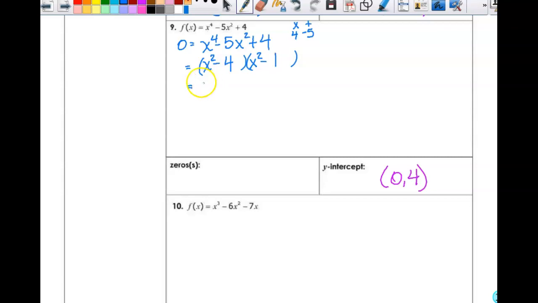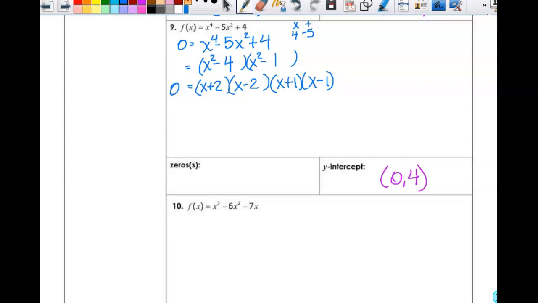So that means that this x squared minus 4 can very easily become x plus 2, x minus 2, and the x squared minus 1 is x plus 1, x minus 1. Difference of squares, it's going to come up a lot.